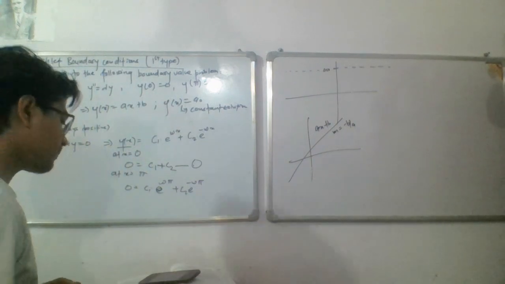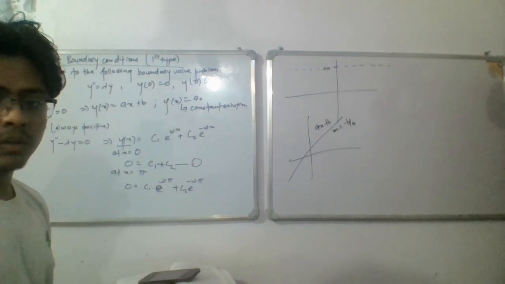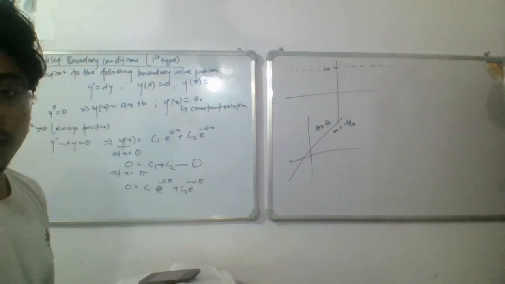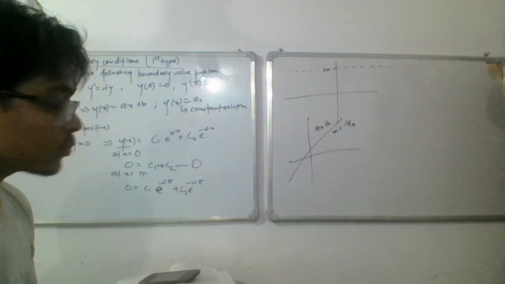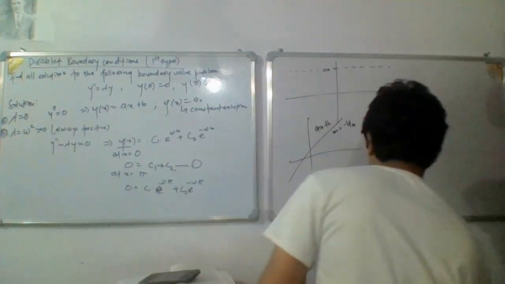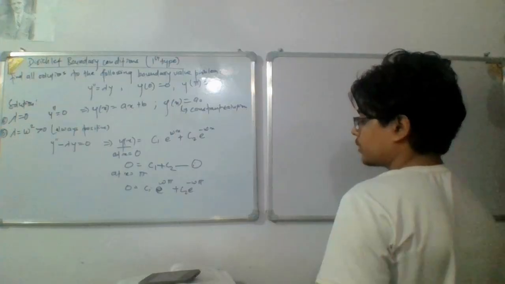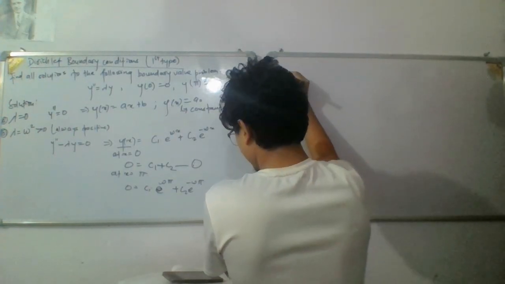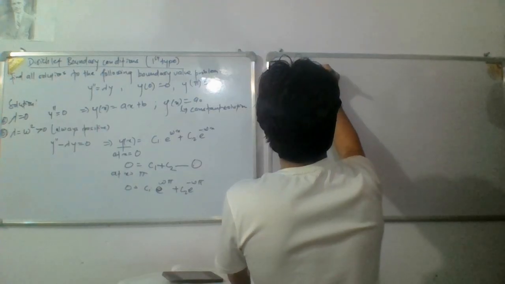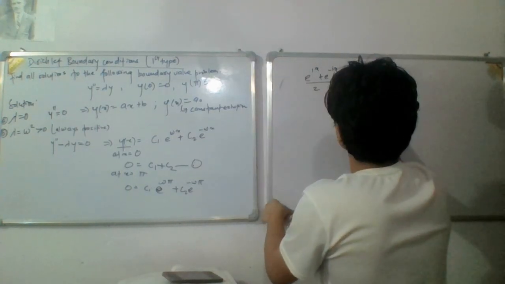Okay, so we get the solution. This does not make sense, right? Because how do we find the value of such exponential? So that's why I'm going to introduce something now. That is the relation between exponentials and the trigonometric functions. If we have e to the power ix plus e to the power minus ix by 2, then we can write it as cos of x.